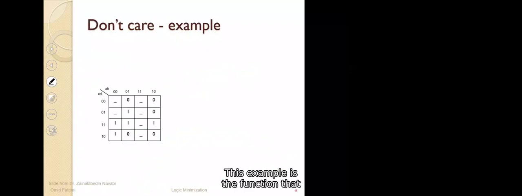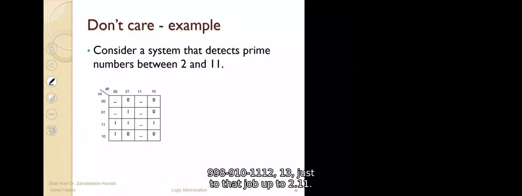This example is the function that detects prime numbers. Prime number, you know prime number. 2, 3, 4 is not prime. 5, 6 is not. 7, 8, 9, 9 no, 8 no, 10 no, 11, 12 no, 13. Just up to 2 and 11, so I don't go to 13.